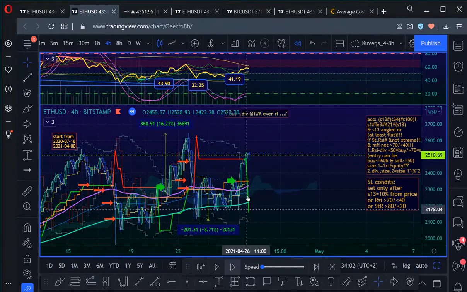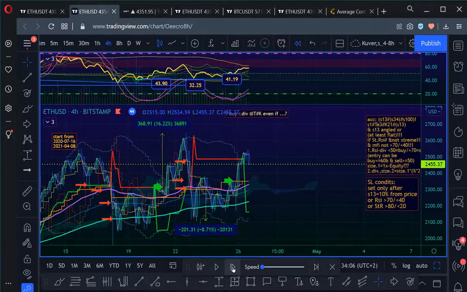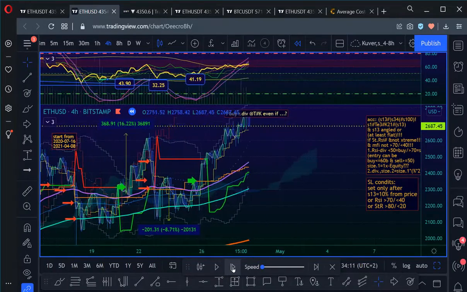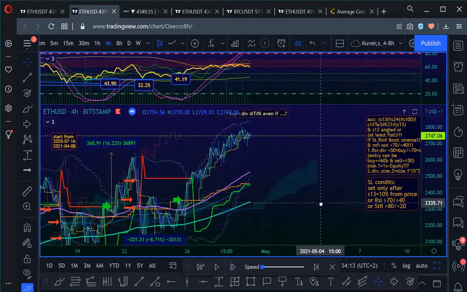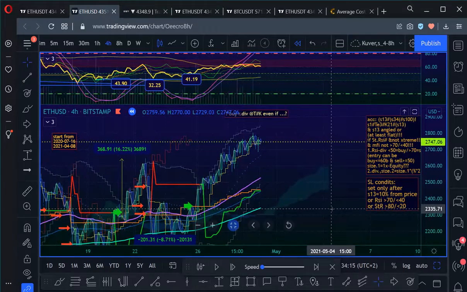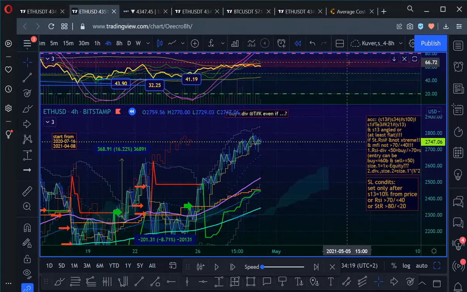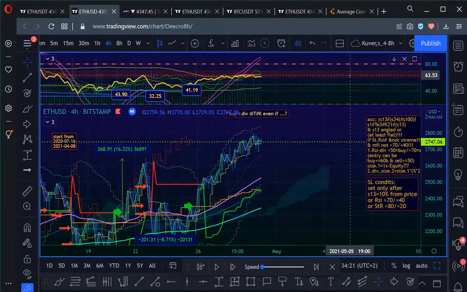And there we have the supertrend break, green, and here we go. And you know, so the question is, where do you move your stops and when do you set a stop? So I have some rules for that, obviously, too.